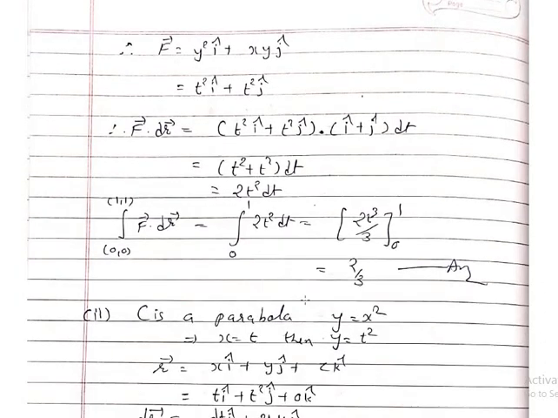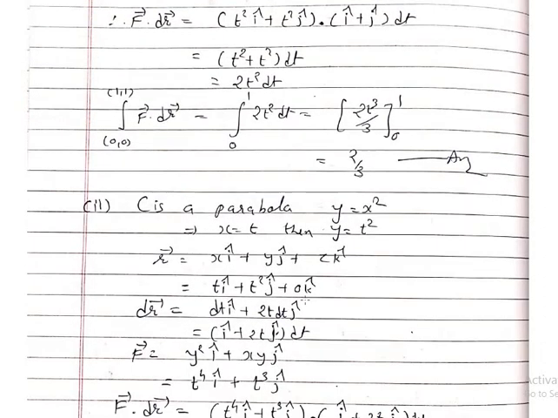Now integrating from (0,0) to (1,1), f dot dr is equal to the integration from 0 to 1. See, x is equal to t, that's why the limit of x will be the limit of t. So x has a limit from 0 to 1, that's why t also has a limit from 0 to 1.